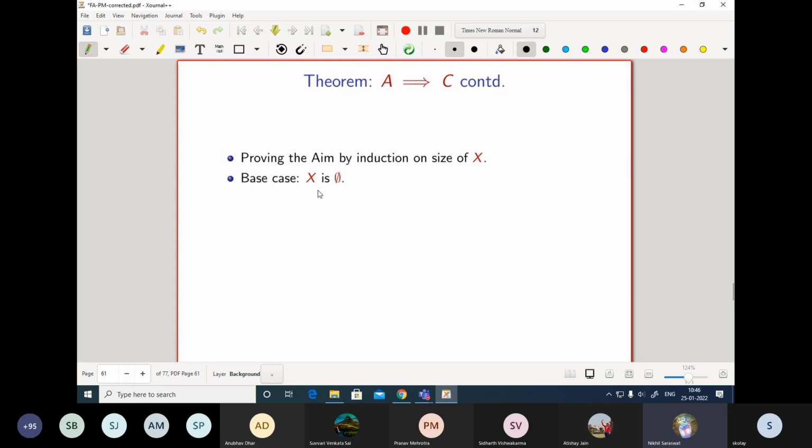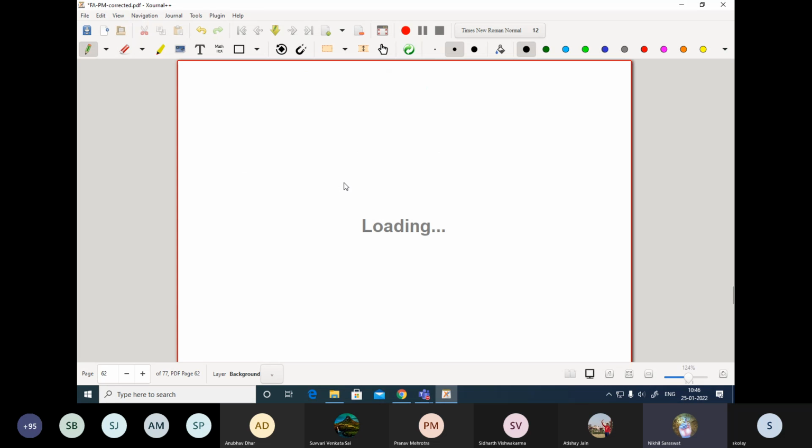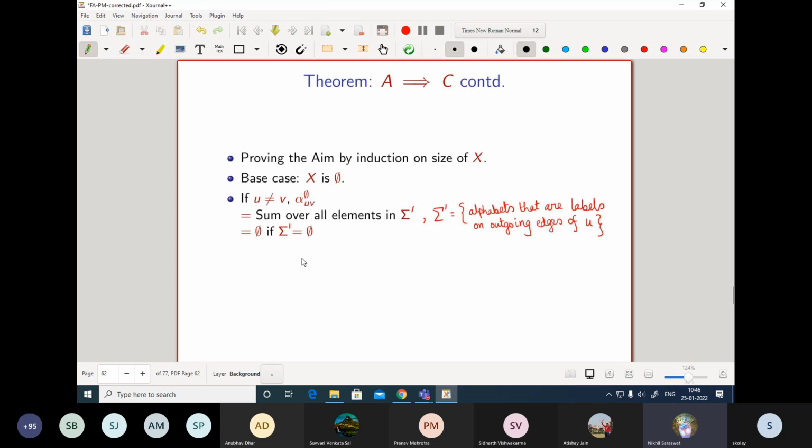In the base case, X is, let's say, the empty set. There will be two cases, or no, maybe we just have one base case. X is the empty set. Now, for the empty set, it is possible that U is not equal to V or U is equal to V. These are the only two ways in which U and V can behave.